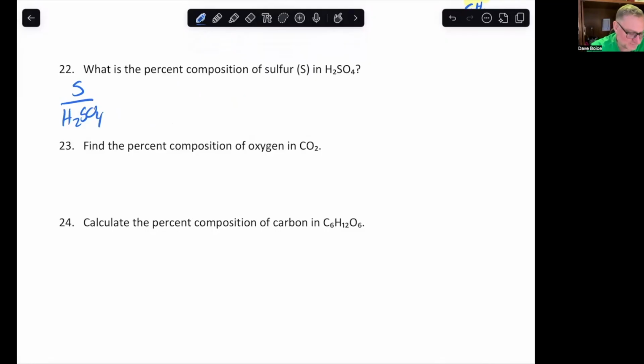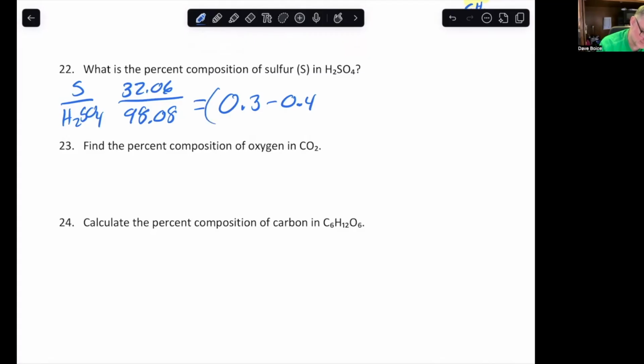If I add together sulfur, four oxygens and 2 hydrogens, I end up with sulfur at 32.06 divided by the full molar mass of 98.08. If I pop that into a calculator, it's going to come between 0.3 to 0.4. To get a percent, I'm going to do times 100. So therefore, it's going to be 30 to 40% for your answer.